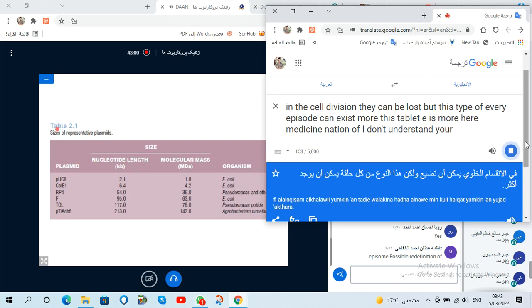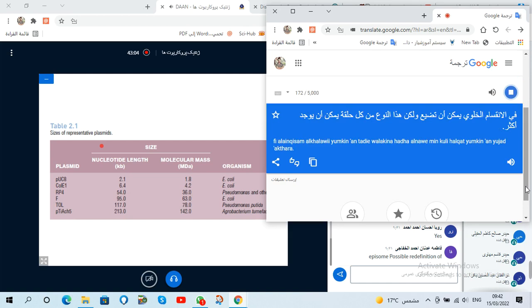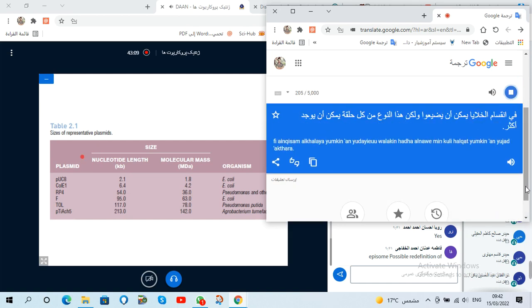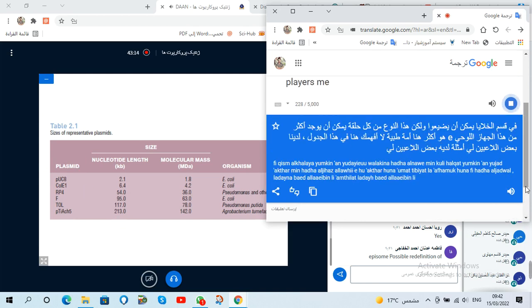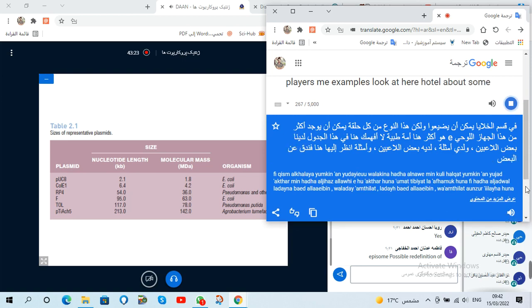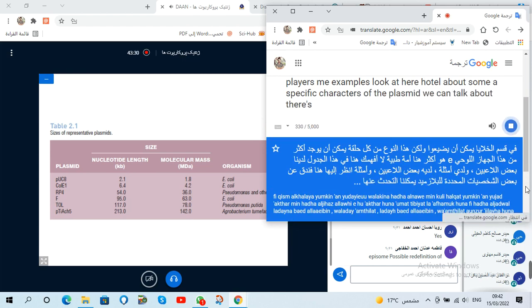Okay, here in this table, we have some plasmid examples. Look at here. If we want to talk about some specific characteristics of the plasmids, we can talk about their size and their copy number.